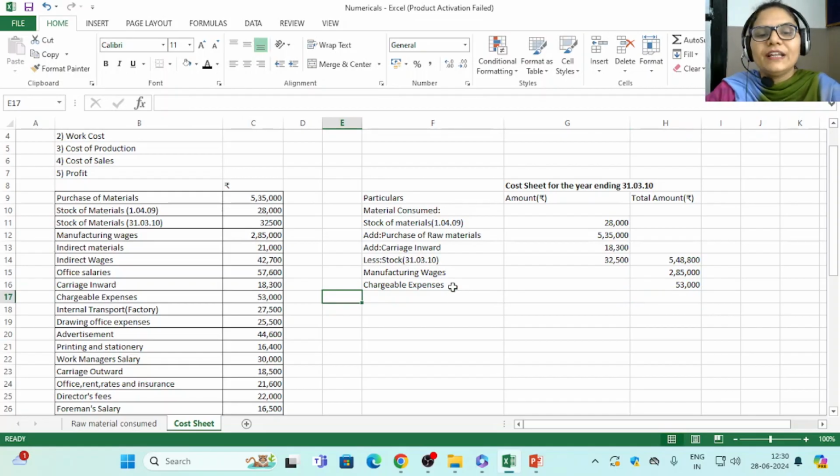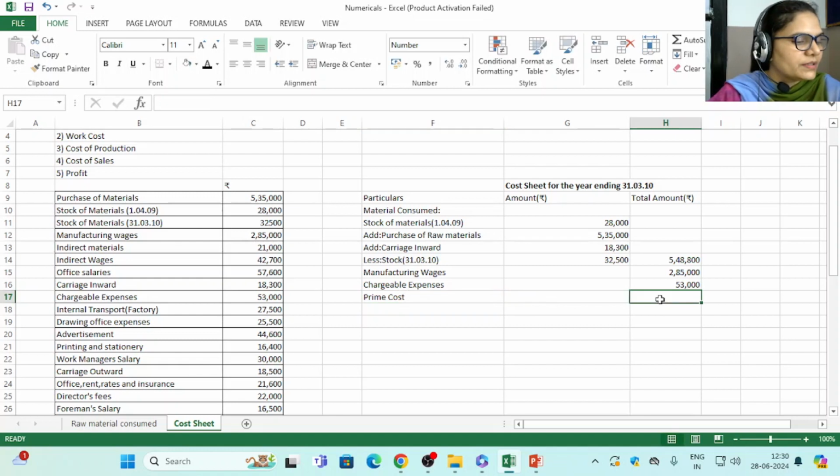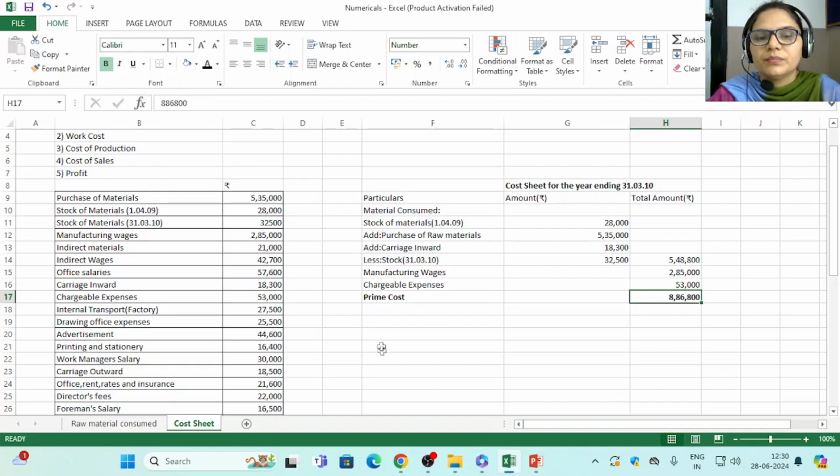Now after adding all these items, we will get the prime cost. Prime cost is rupees 8,86,800. We will show it in bold because it will give us more clarity.